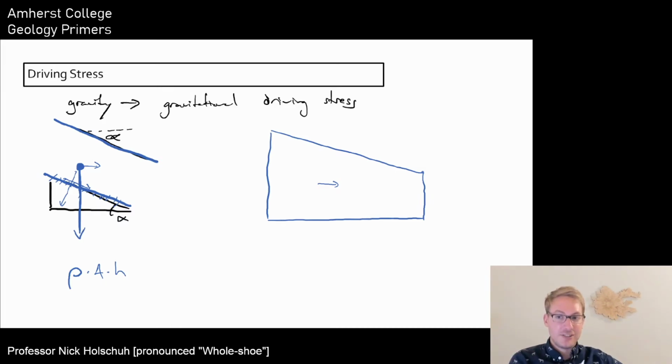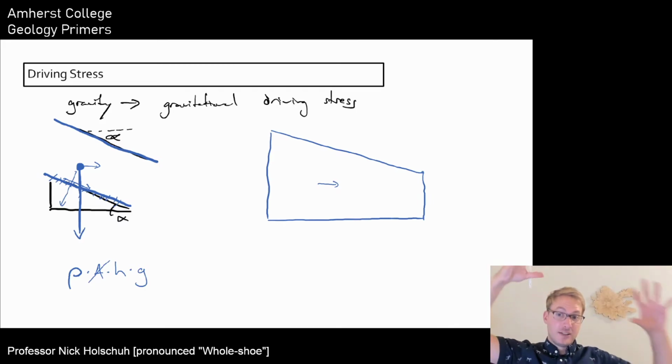Ultimately, the stress is per unit area, so we can get rid of that term right away because we're going from force to stress. That's the mass. To get to force, we need mass times acceleration, so we multiply this by acceleration due to gravity.